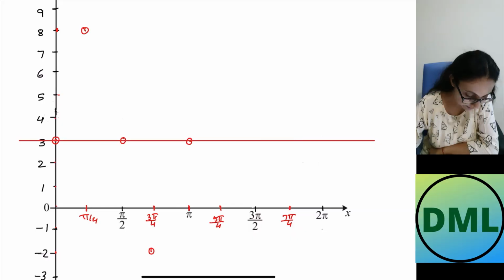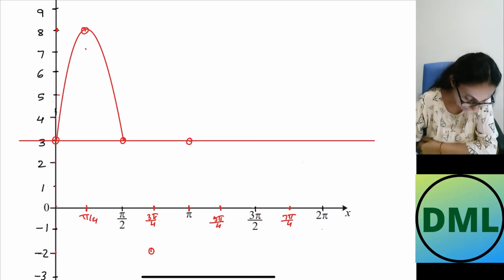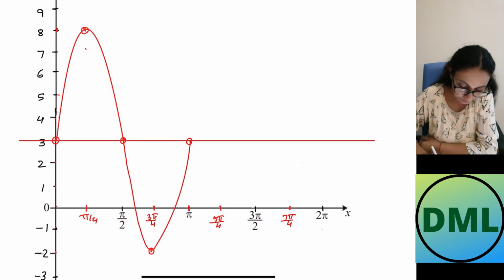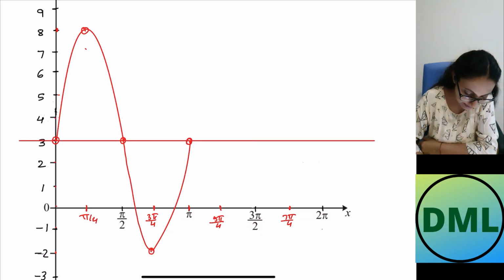Let's plot our sine graph here. This is our one cycle. I need to plot it till 2 pi. From pi, it will again start from the axis. At 5 pi by 4, it will touch the amplitude, which will be at 8. At 3 pi by 2, it will again touch the axis.